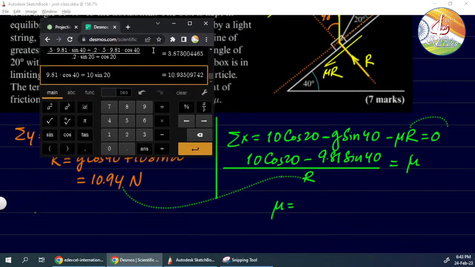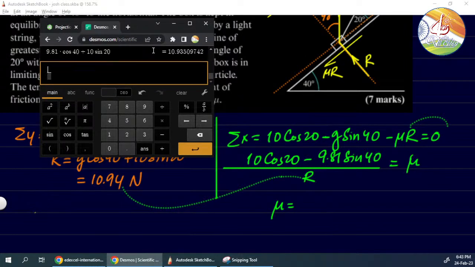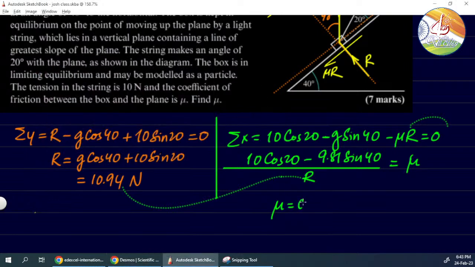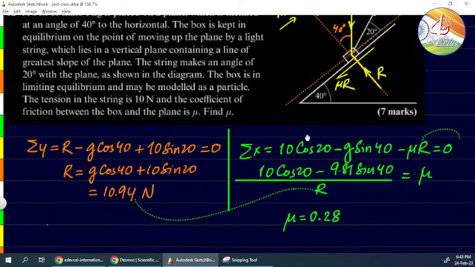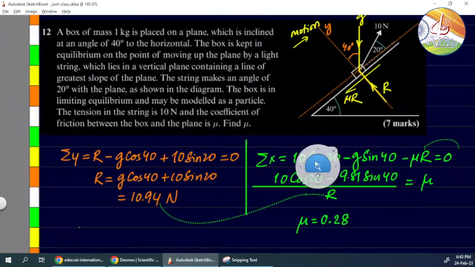This value, 10 cos 20 minus 9.81 sine 40. Did you get it?